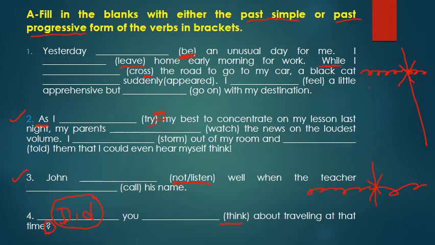Okay. In the past progressive, it's very simple. I was crossing the road. All you have to do is add not. I wasn't crossing the road. When you want to put that in the question form, was I crossing the road? All you have to do is use that same helping verb, was or were, and put it at the beginning. The only exception is when there's a verb to be. Was I crossing the road? Were they crossing the road?